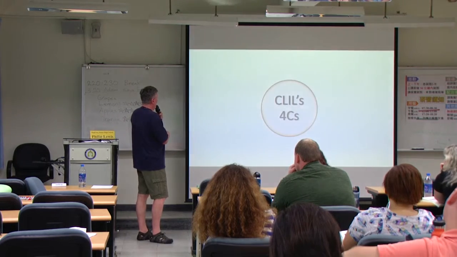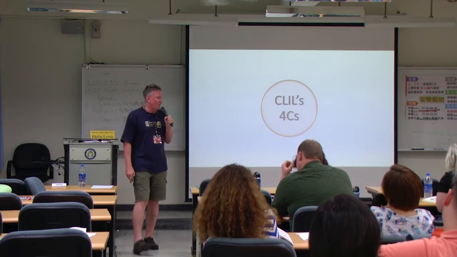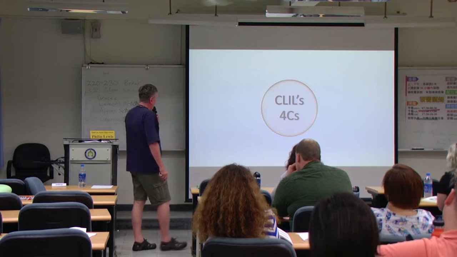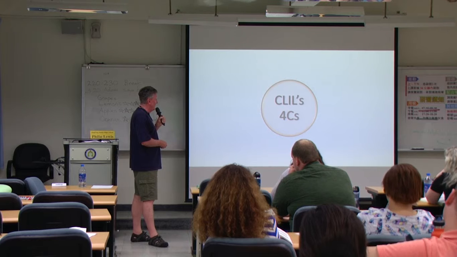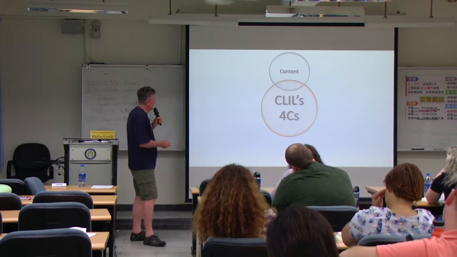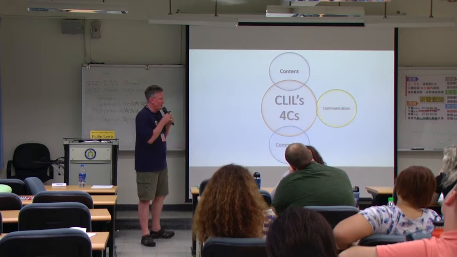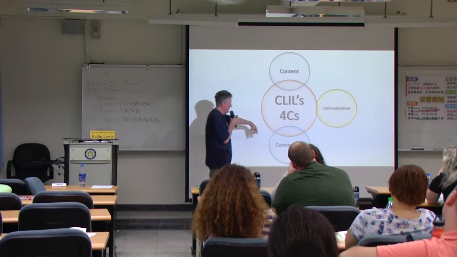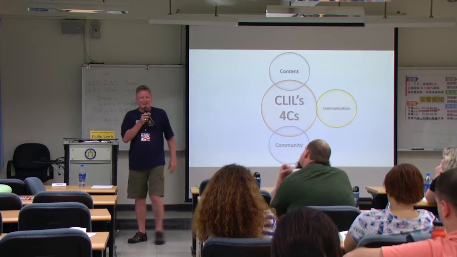Okay, CLIL is associated with the 4 C's. And this is considered the conceptual framework for CLIL. First of all, you get content, then you get communication, and then you get community. But a lot of the readings which I've been going through, instead of community, they would often talk of culture.